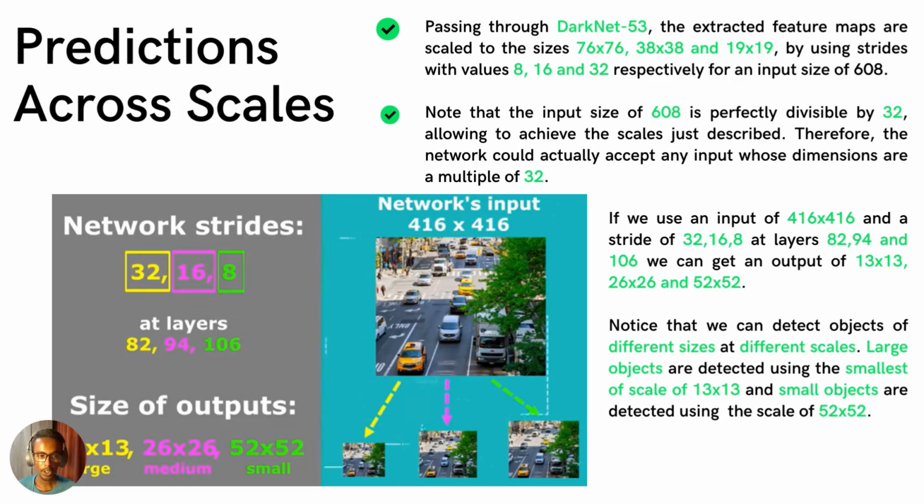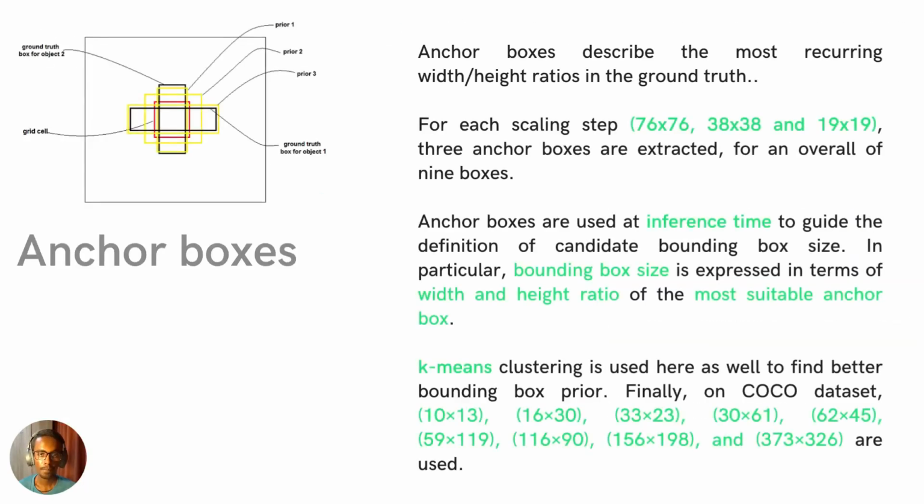So as you can see on the image, large, medium, and small are divided according to the different scales where we are performing the detections. So 13 by 13 is responsible for predicting large objects. 26 by 26 is responsible for predicting medium objects. And 52 by 52 is responsible for predicting small objects.